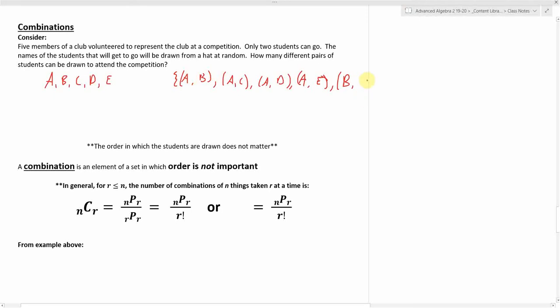In this case, the order they get picked in doesn't matter, so I wouldn't bother putting B and A because that's a repeating pair. So I would just move on to B and C, and then B and D, and then B and E.